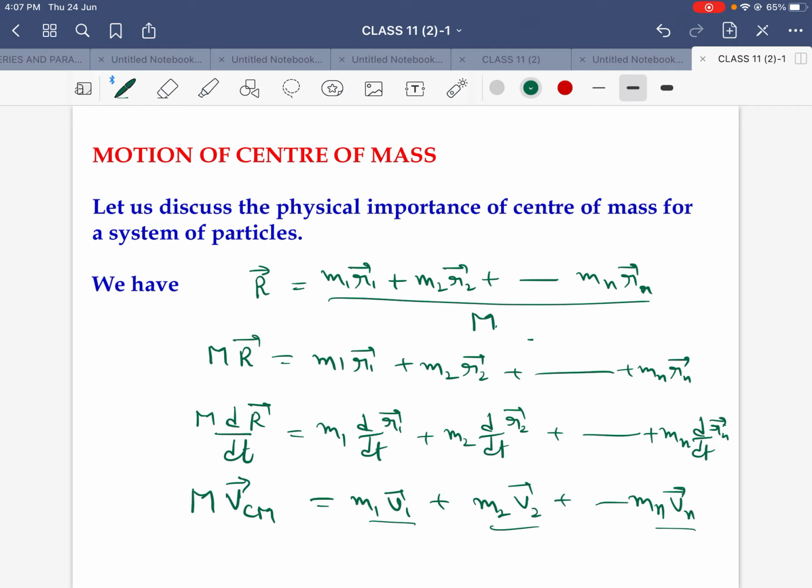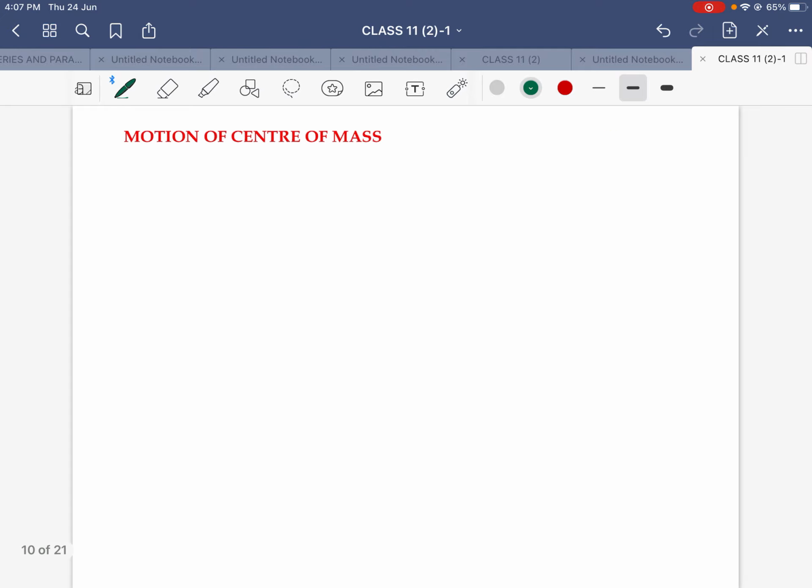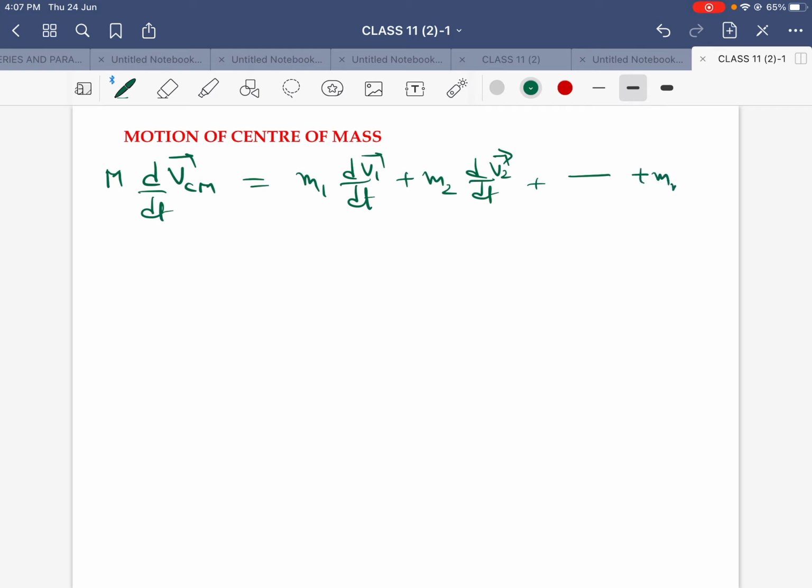Now again differentiate this equation with respect to t, that is d upon dt of v is equal to m1 d upon dt of v1 plus m2 d upon dt of v2 and so on, last term is mn d upon dt of vn.